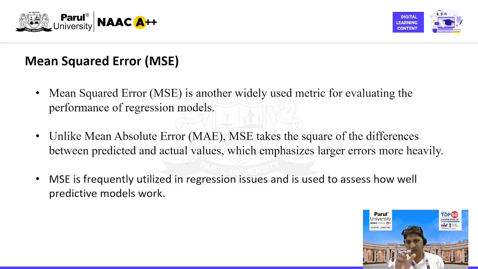It means if the error value is very small, then why do we take the square of the difference? Because we want to make it larger, so we can determine the errors more specifically or more heavily. MSE is frequently utilized in regression problems and is used to assess how well a predictive model works.